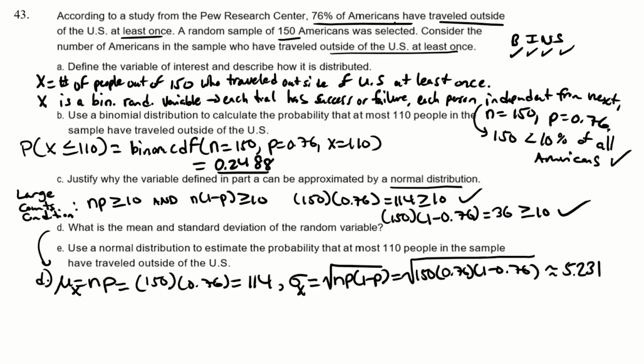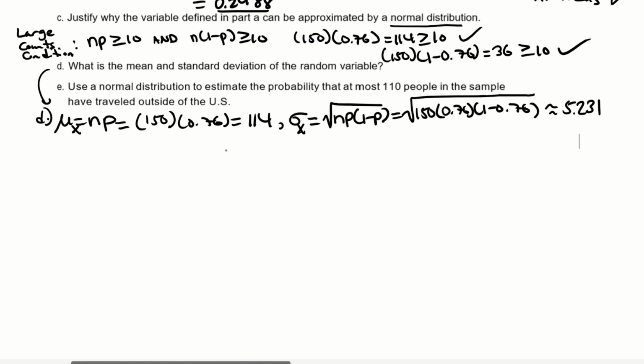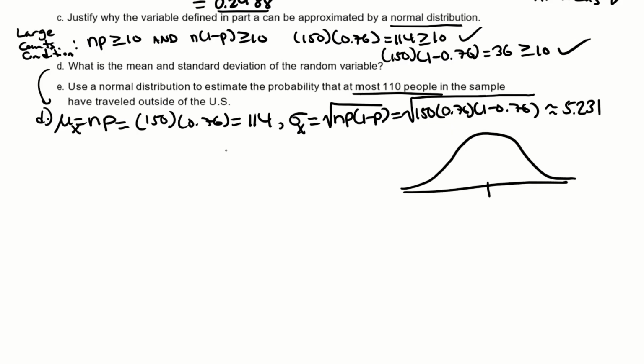All right. So use a normal distribution to estimate the probability that at most 110 people have traveled outside of the U.S. Okay, so again, we have a normal distribution where the center is 114, and it goes by 5.23s to the right and to the left.